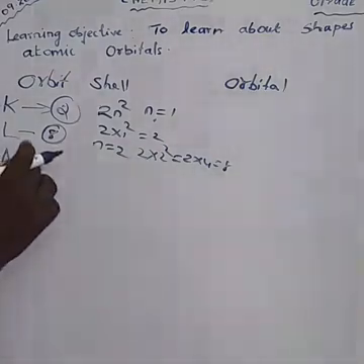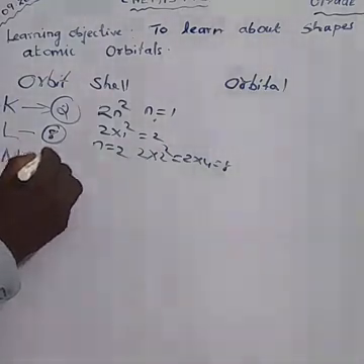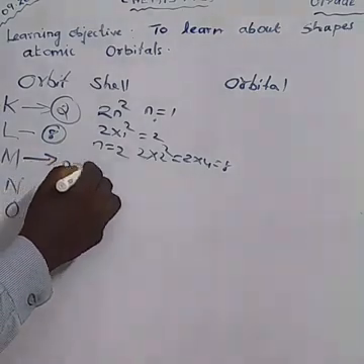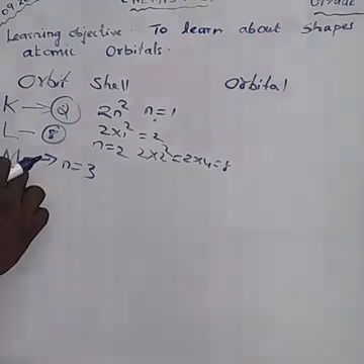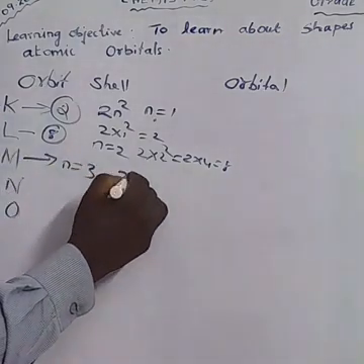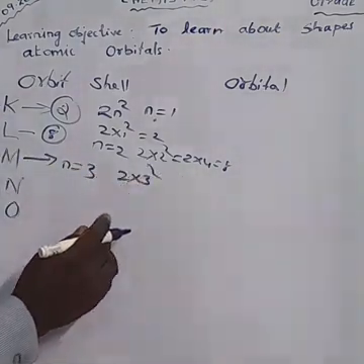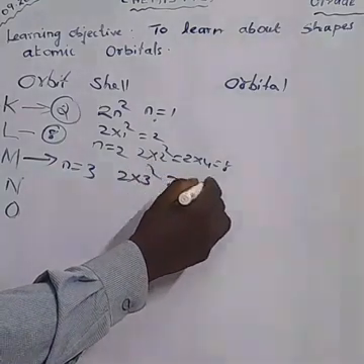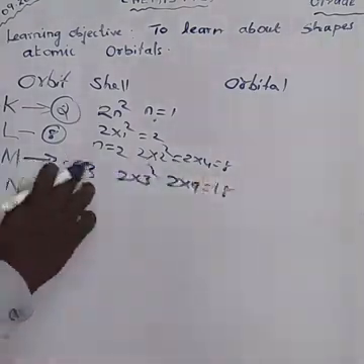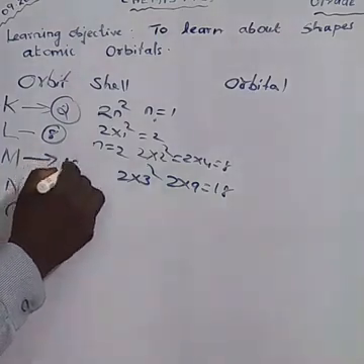Clear? Next, the M shell, n is equal to 3, the third orbit. That is 2 into 3 square. 3 square means 9, 2 into 9 is equal to 18. So here we can accommodate 18 electrons.